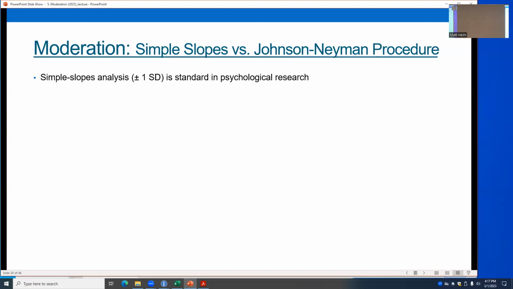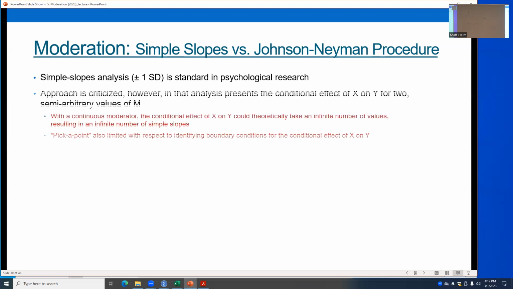In psychology, in the way we do things, we take this simple slopes approach, right? When we're probing these interactions, we're looking at the unique effect of x on y at a standard deviation above or below the mean. The problem is we're just looking at the association of x and y at 2 arbitrary points.